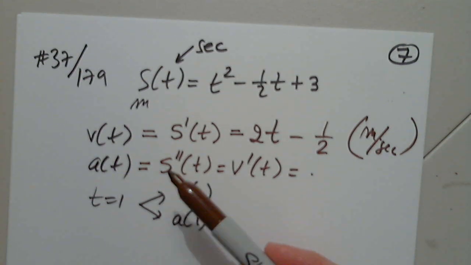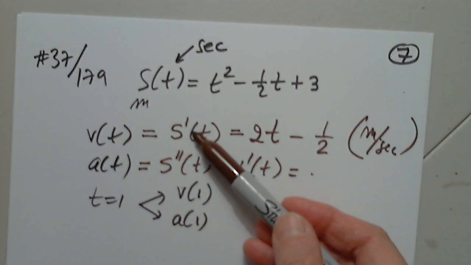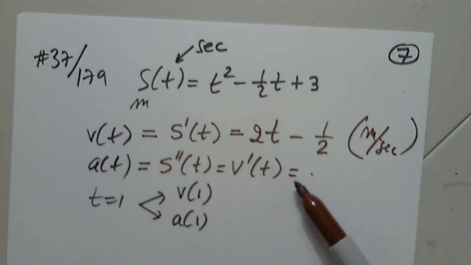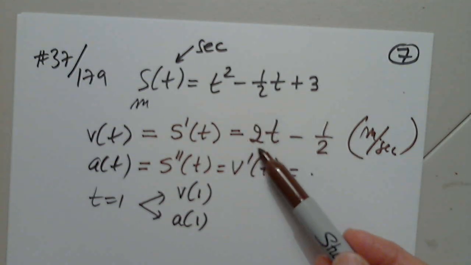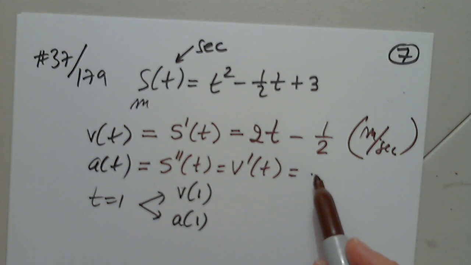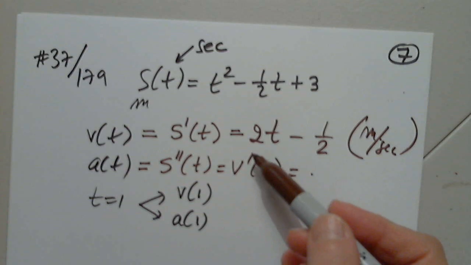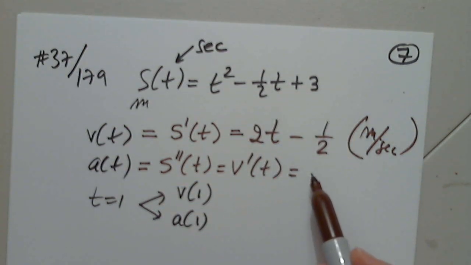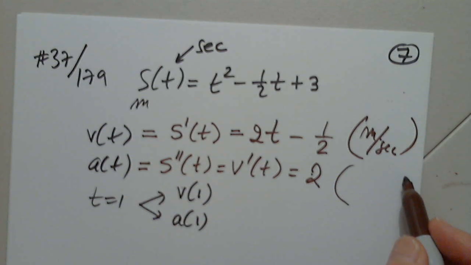Because the second derivative is the first derivative of the velocity. So what is the derivative of 2t minus 1/2, please? 2. Excellent. We also have to discover the measurement unit.